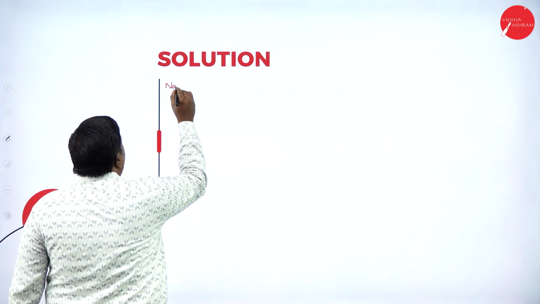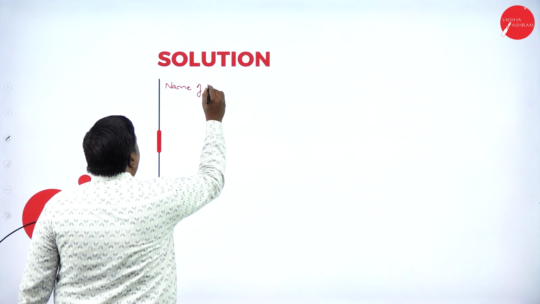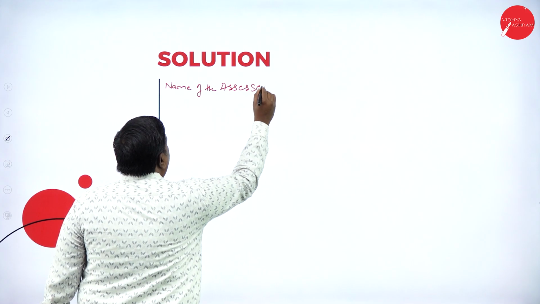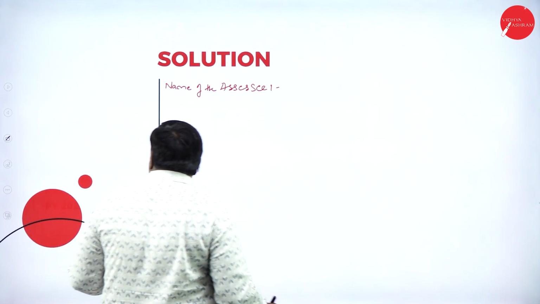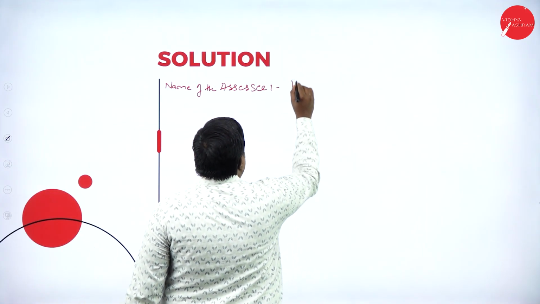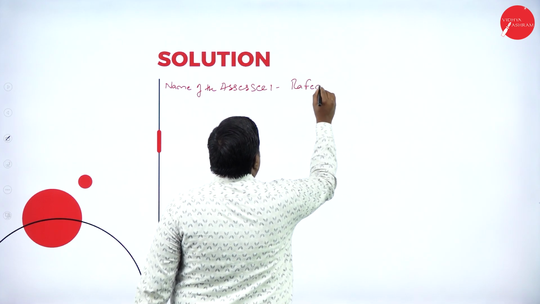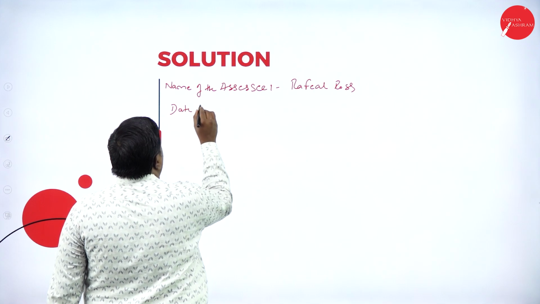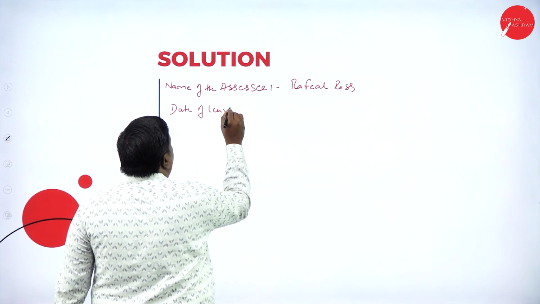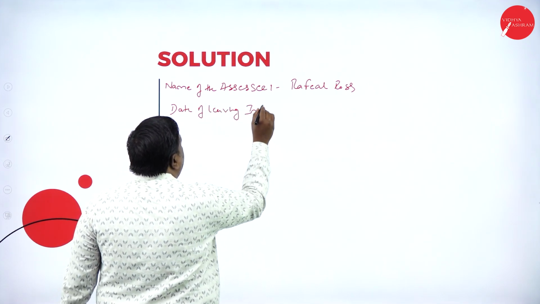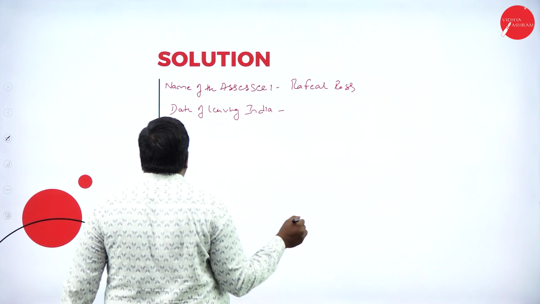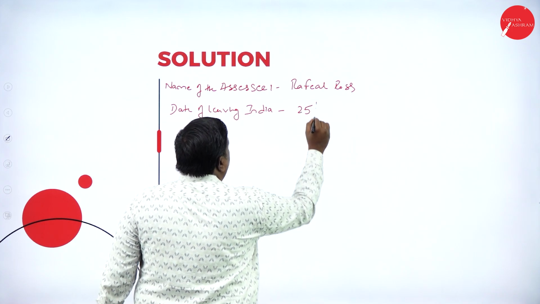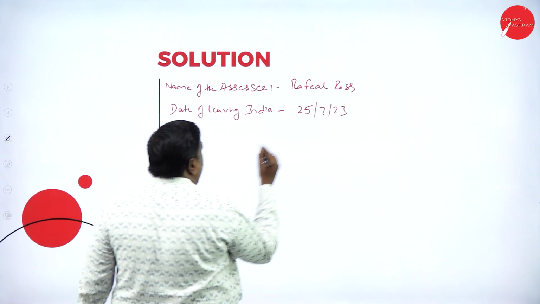First we have to write here the name of the assessee. Name of the assessee is Rafael Rose. Date of leaving India for the first time: 25th July 2023.